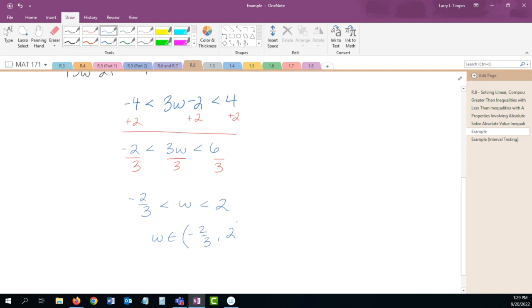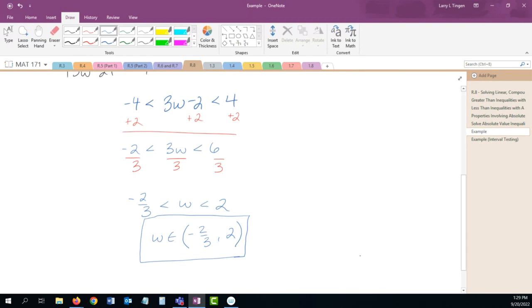Since it's strictly less than, it's parentheses. Strictly less than on the right, it's parentheses. Don't worry if you're not sure which one's a less than, which one's a greater than, or how to read it. It just takes time and you still forget it sometimes.